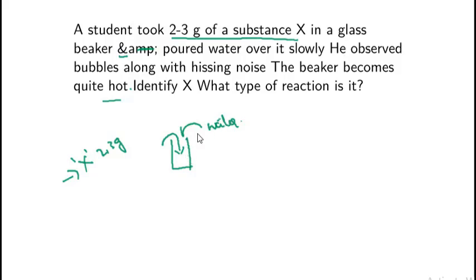When the water is added to this substance X, he observed that bubbles are formed and a hissing sound is observed. They are also saying the beaker becomes quite hot. So they are asking what is the substance X here and what type of reaction it is.